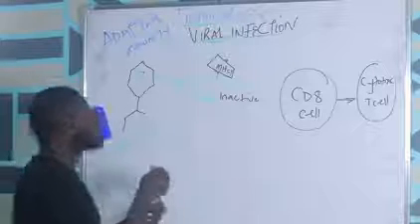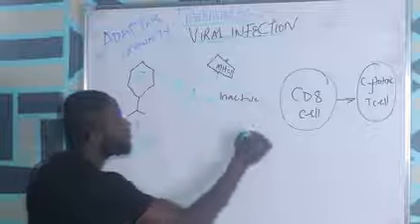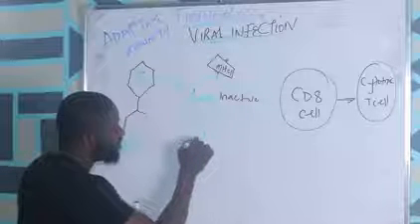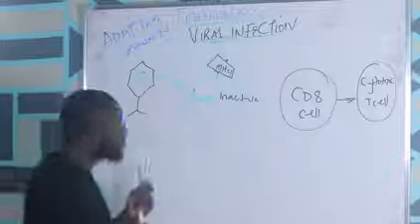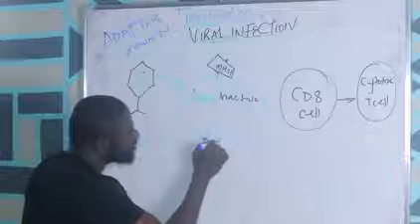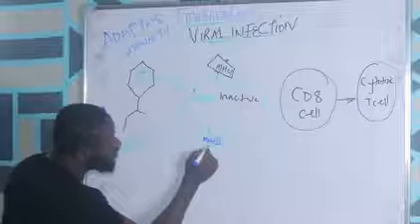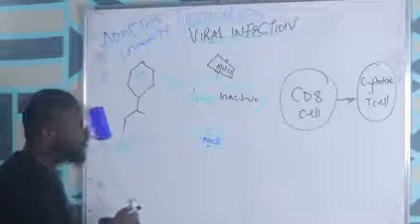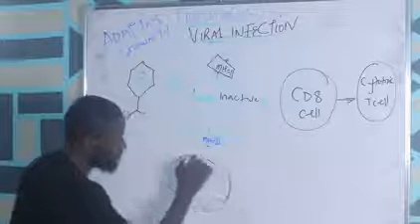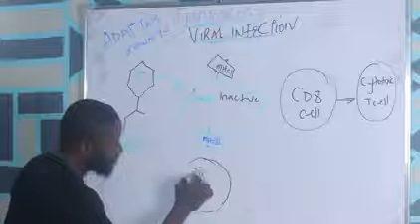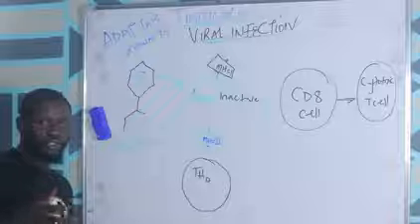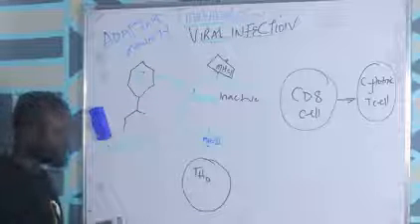This is the macrophage, and I have MHC2. And I'm going to bring my TH0. So I'm trying to produce a TH1 cell right now.